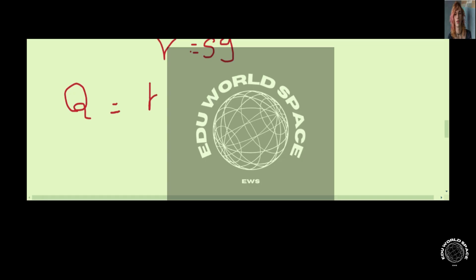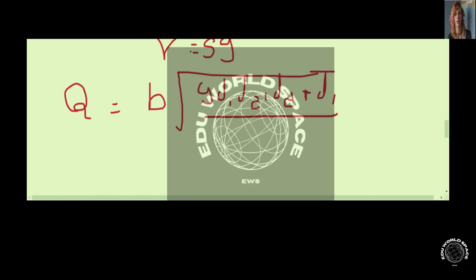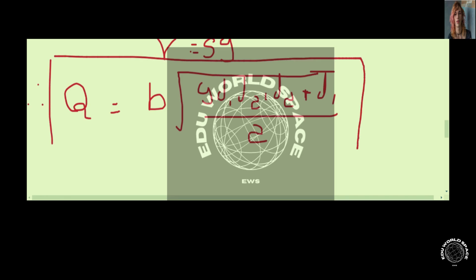Q will be B times square root of g D1 D2 times D2 plus D1 upon 2. So this is my final Q equation.